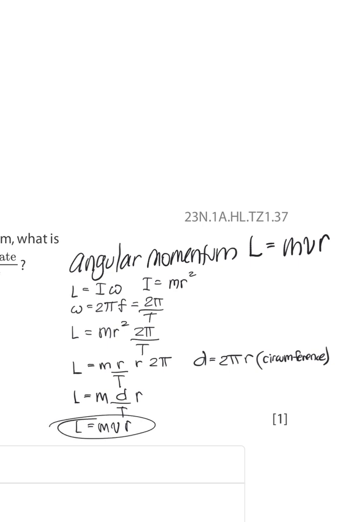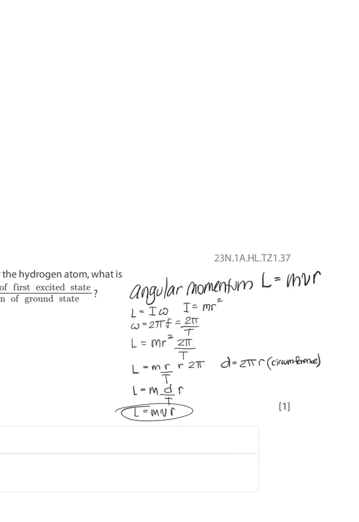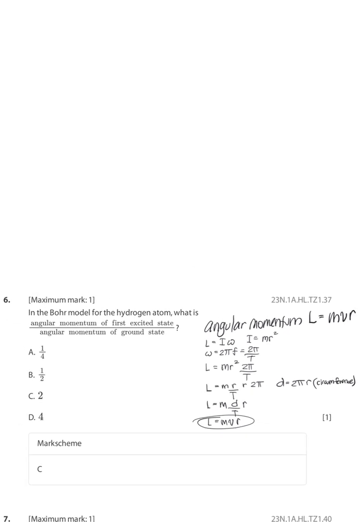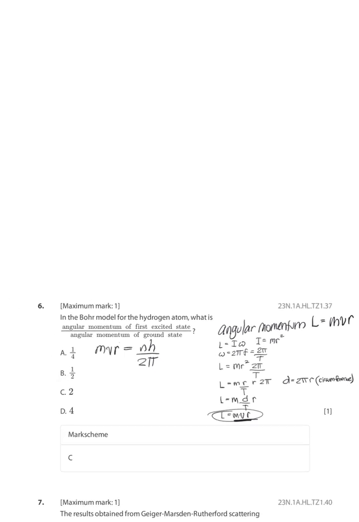I feel like they should put that in the data booklet, but they didn't, so there's the derivation. I feel like that's one of the things that you may need to be aware of. And it's like, well, that's cute, why do we care about that now? Because when we talk about angular momentum of the first excited state over angular momentum of the ground state, they're talking about mvr. Now, why do I care about that? Because from the data booklet for E1, mvr equals nh over 2 pi.